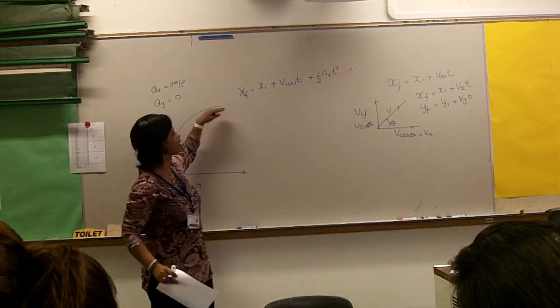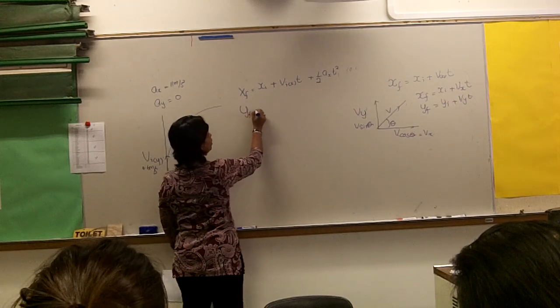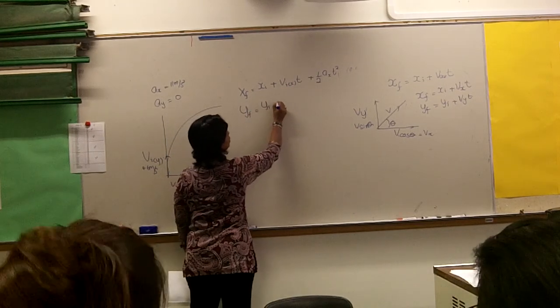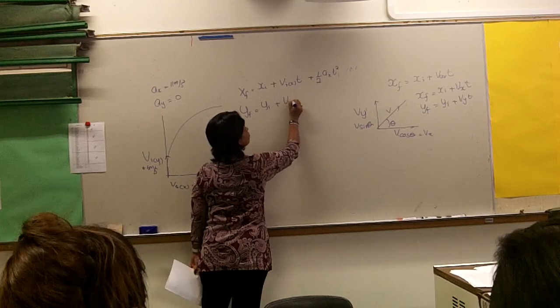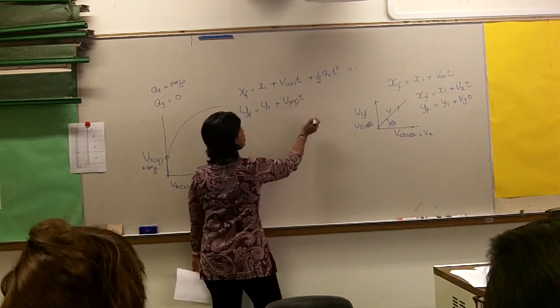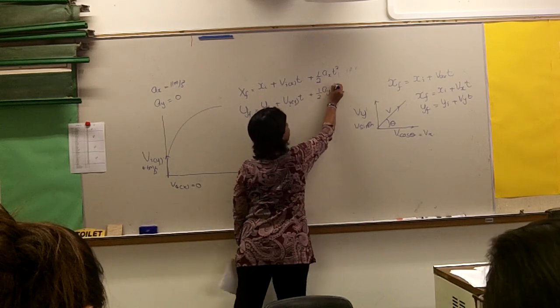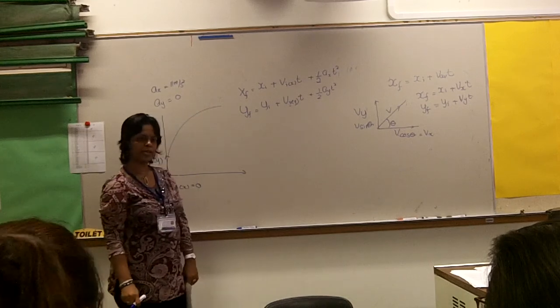This is all for the x direction. For the y direction, y final equals y initial plus initial velocity in the y direction times t plus half ay t squared.